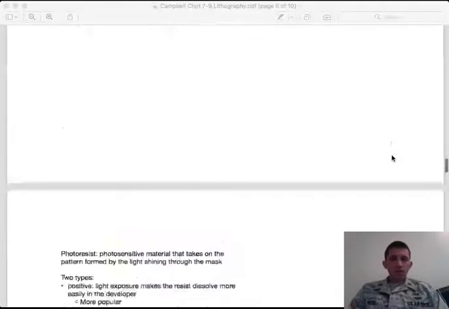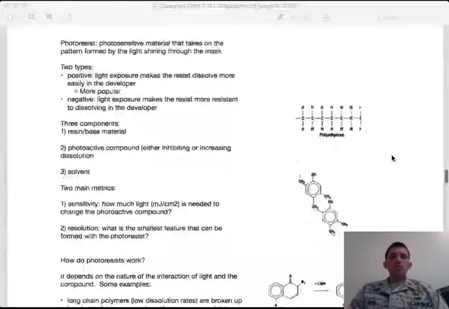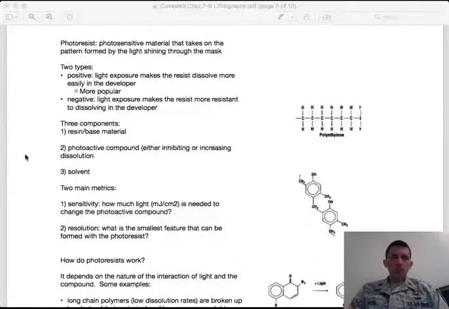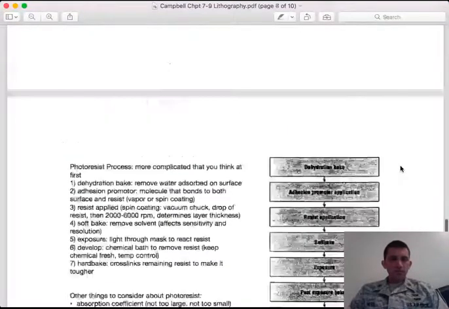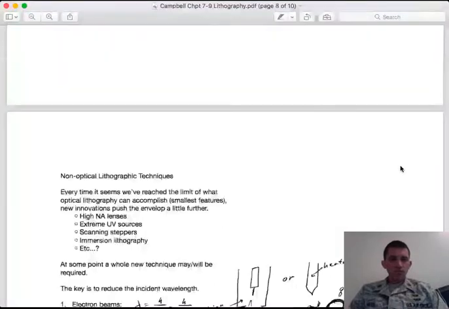So yesterday we were concerned with getting the light to the surface and all of the factors that are contained within that. Now we're going to cover what happens at the surface. So that would be photoresist, mostly photoresist.